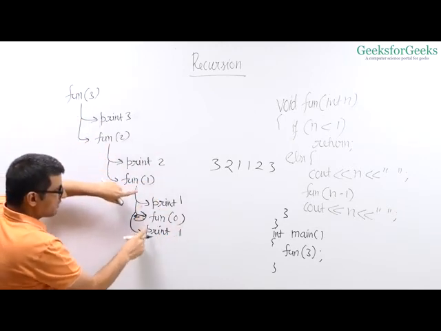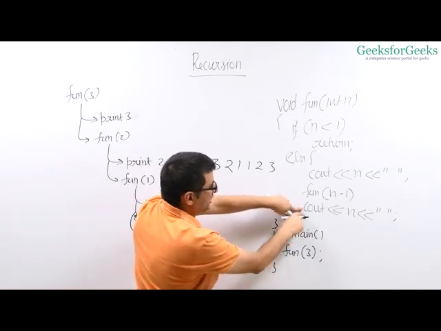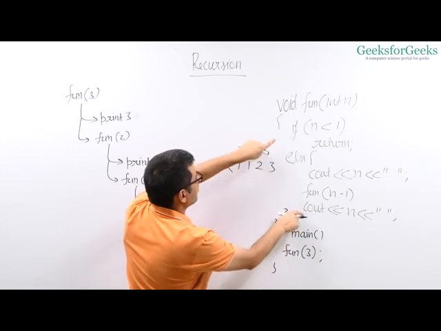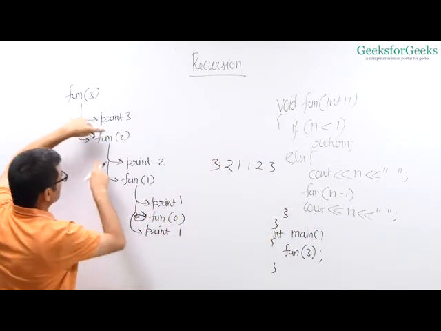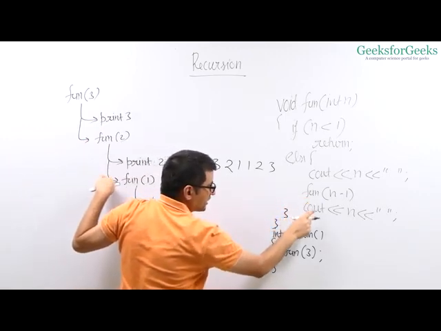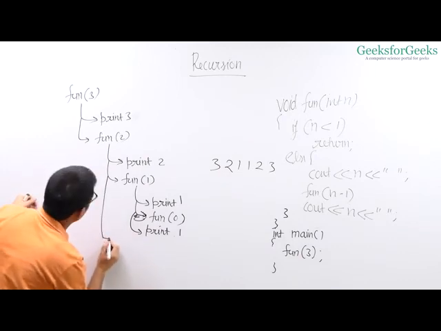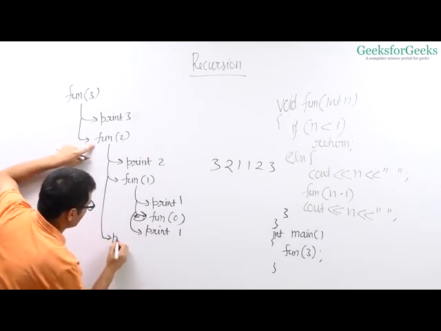Fun1, after printing 1, finishes here because there is nothing more to execute, and control comes back to fun2. So fun2, which was waiting here for fun1 to finish, gets its control back and prints 2.